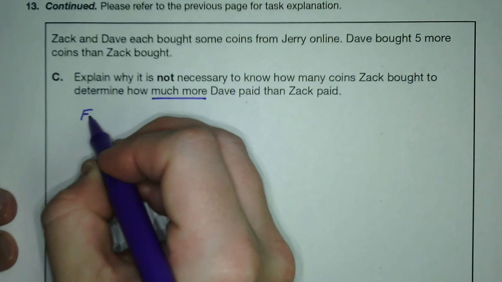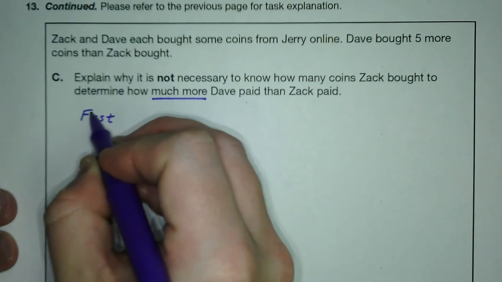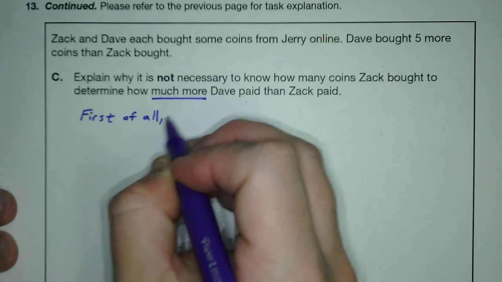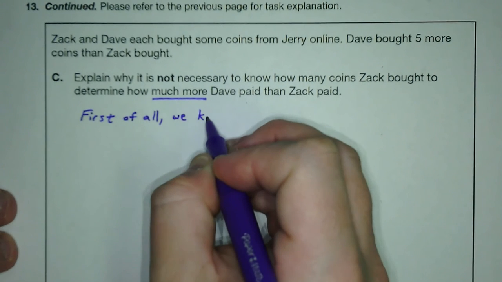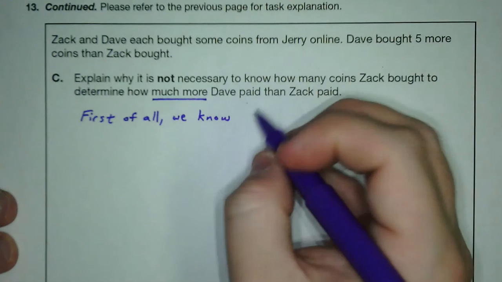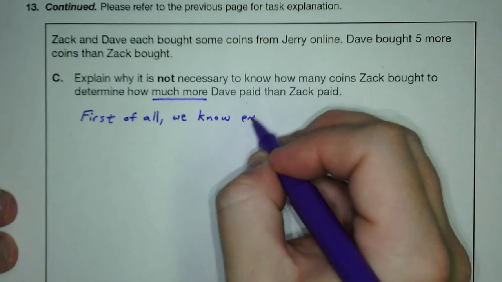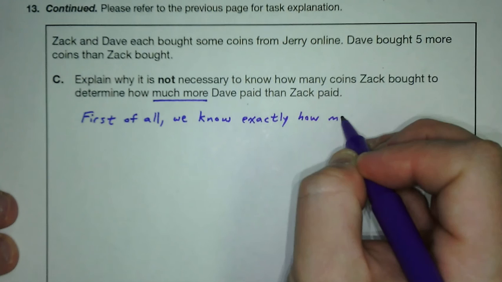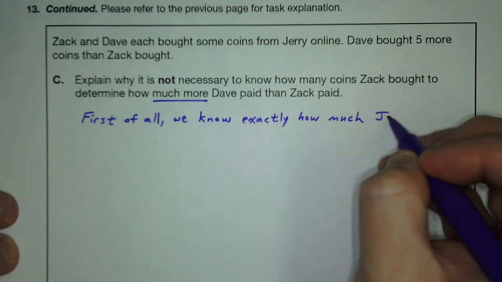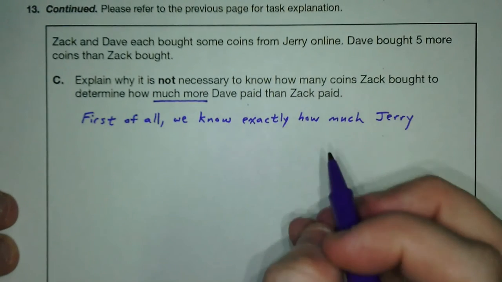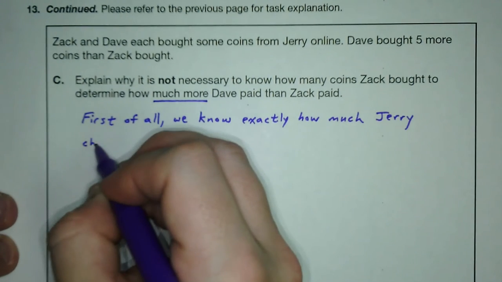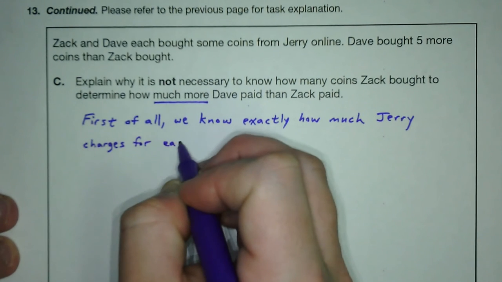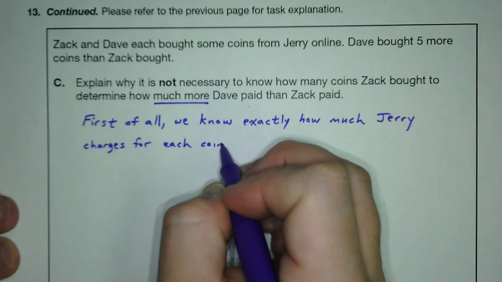I don't know. Again, it's almost like I want to write a first draft, but first of all, we know exactly how much Jerry, I think was the guy's name, Jerry charges for each coin.